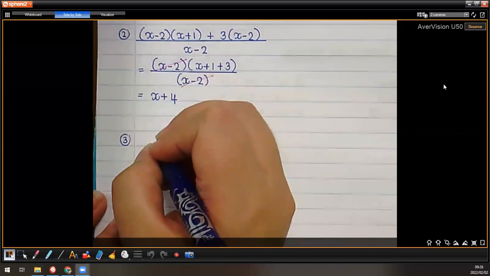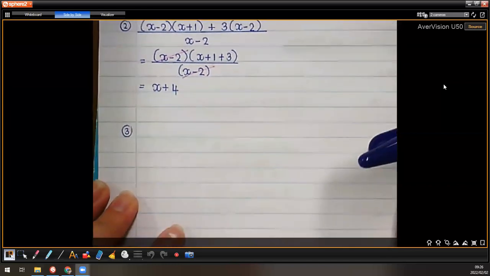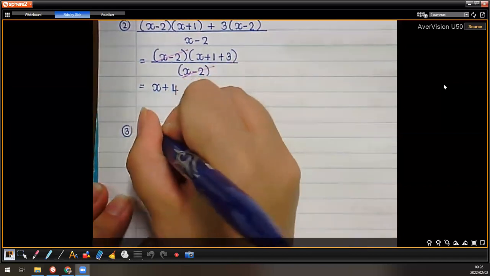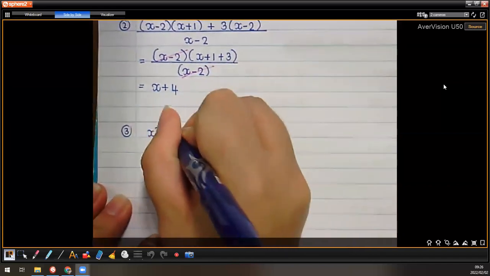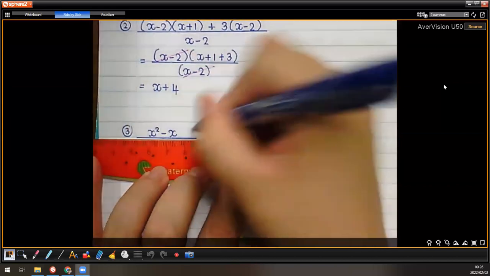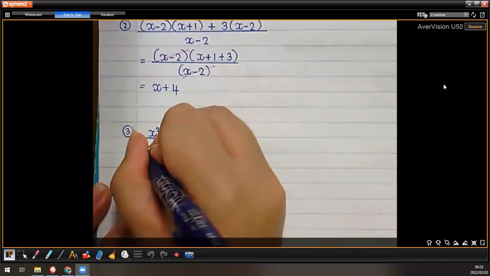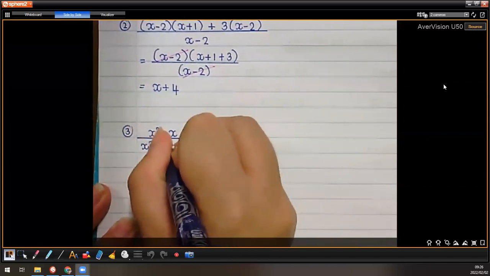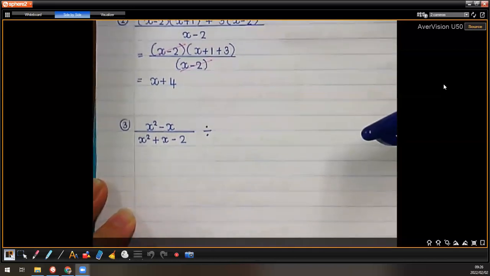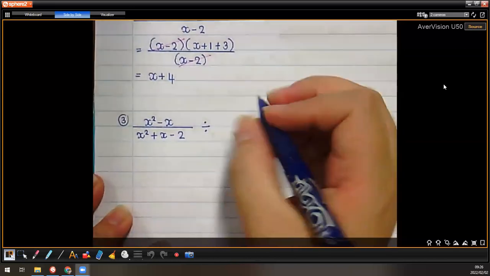Okay, we're going to do one where we are dividing and multiplying technique, but we are going to use the same kind of concept. So for the first fraction, we have x squared minus x at the top, and that is then over x squared plus x minus 2. So I'm ramping things up quite a bit now.